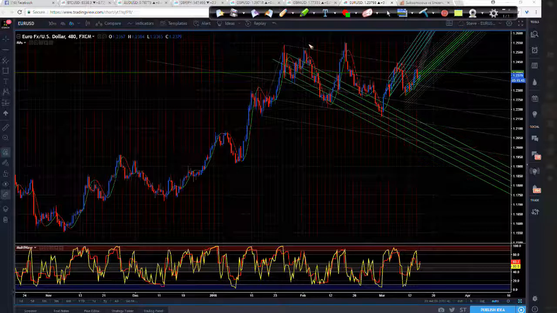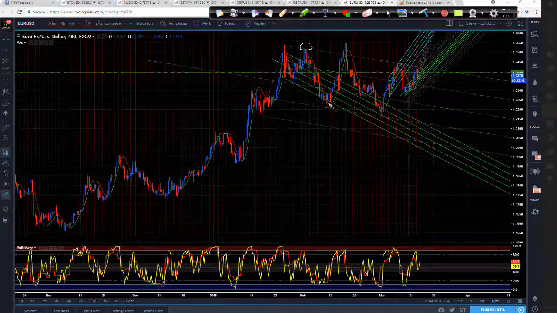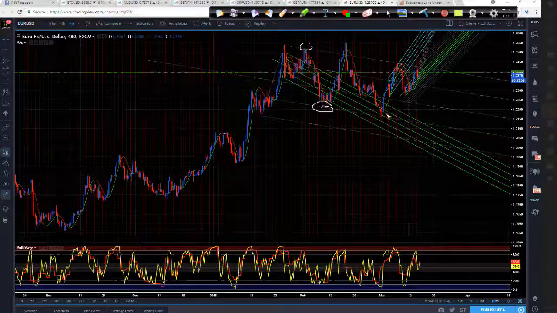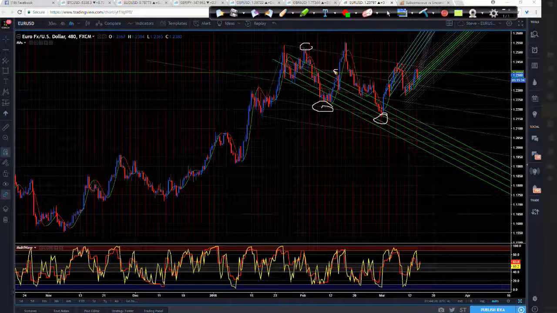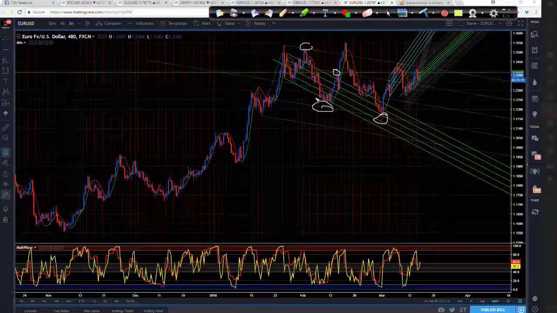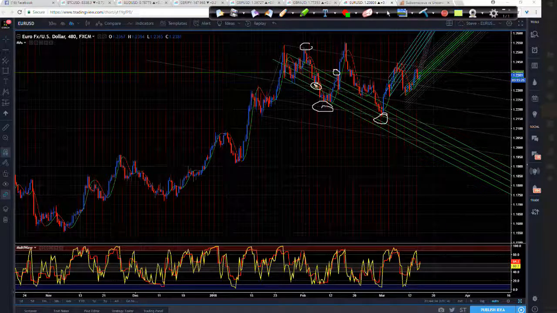For the down fork, I got nice hits up here. I got beautiful hits on the bottom. Those always interest me. I got a spike up to the 25% quad. I got some hits on the median.